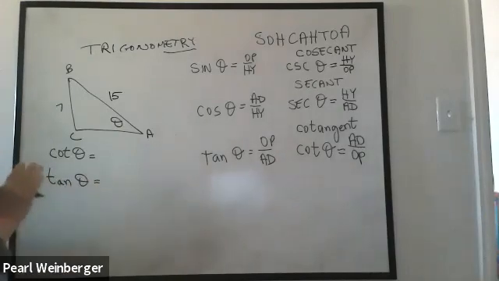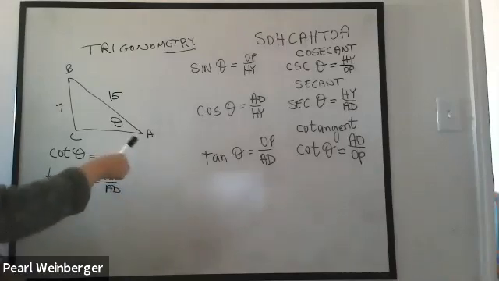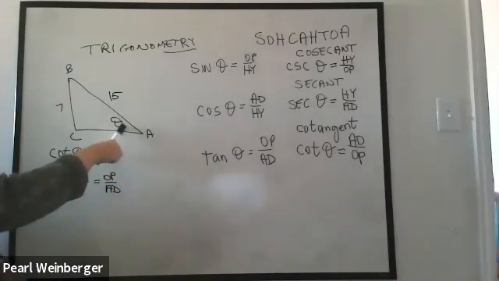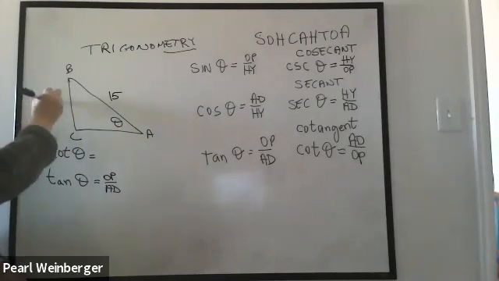Okay, now what is the tangent? SOHCAHTOA. Tangent is opposite over adjacent. Now here is my angle. This is the angle I'm looking at. So let's label opposite, adjacent, and hypotenuse. This is my opposite side.